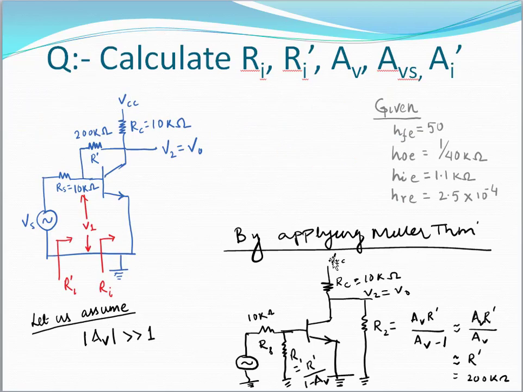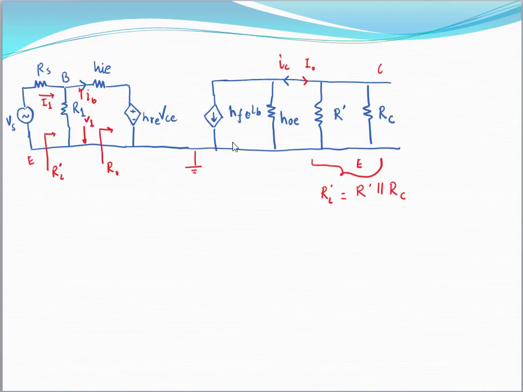This one is RC and this one is R2, and one node is grounded here and the other node is connected to the collector terminal, so it will come in parallel with HOE. In the same manner, this RC, one node is connected to the collector terminal, and another node is connected to VCC. When we apply the hybrid analysis, VCC will become grounded, so the other terminal will be grounded, and it will come in parallel with HOE. So this is the final picture.